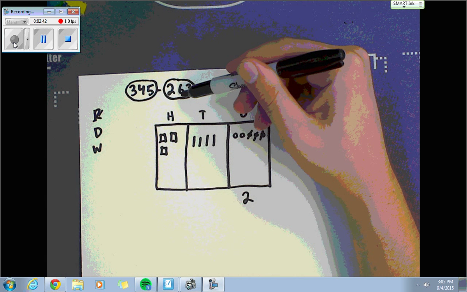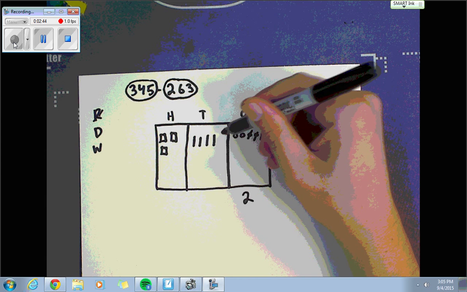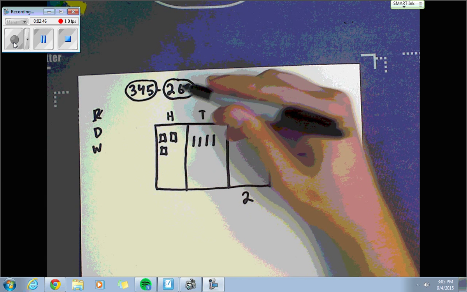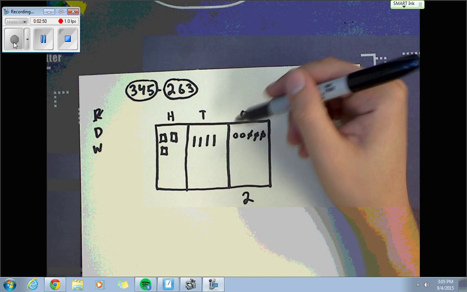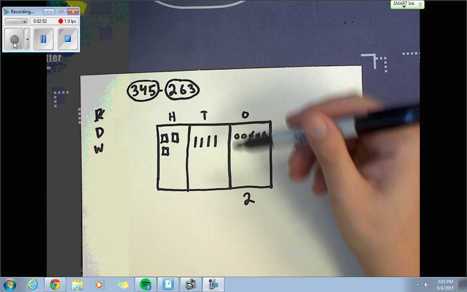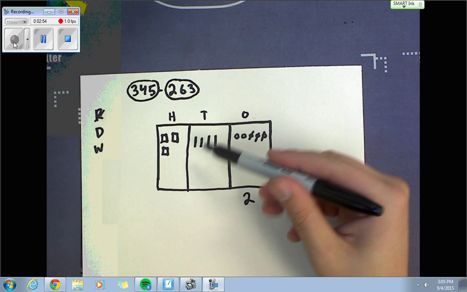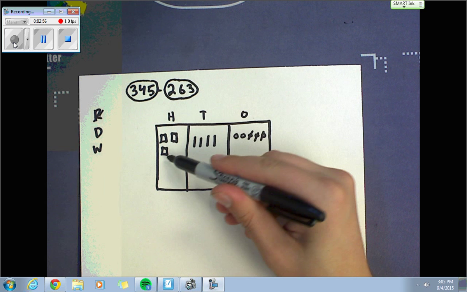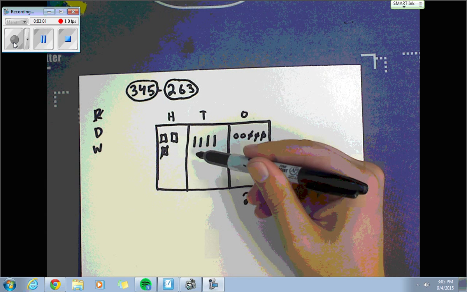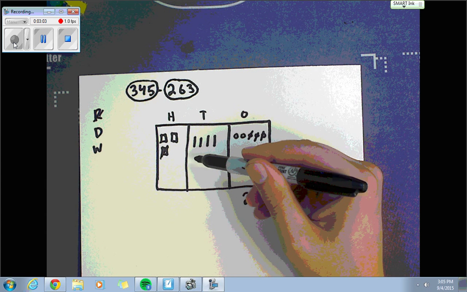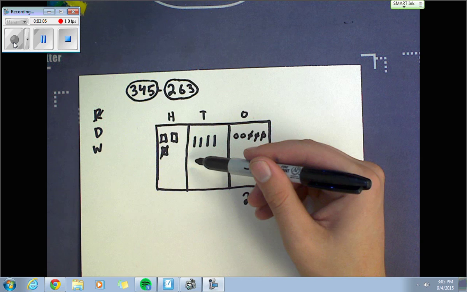But there's a problem. I can't cross off or take away 6 tens. When you run into that issue, you need to borrow. When you borrow, you take from the next highest place value. So I'm going to take 100 away from my hundreds, and I'm going to rewrite it as 10 tens, because 10 tens is the same as 100.